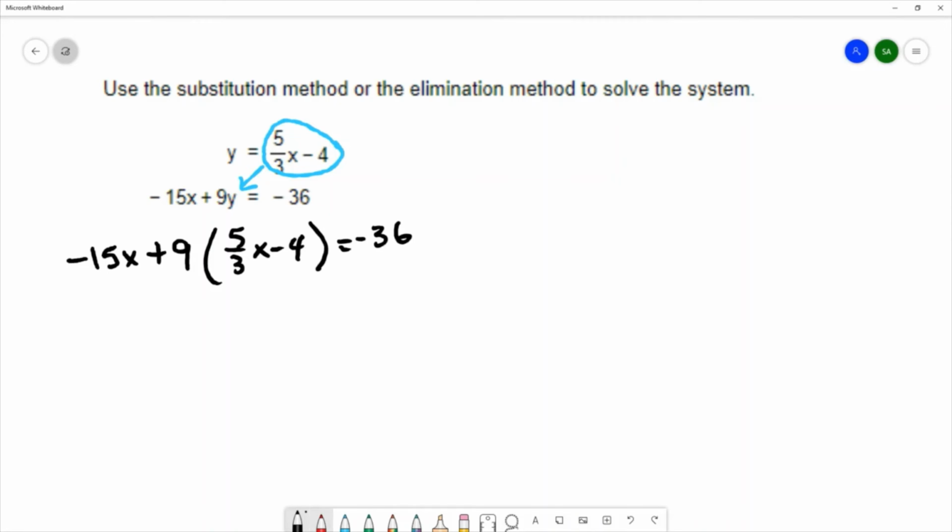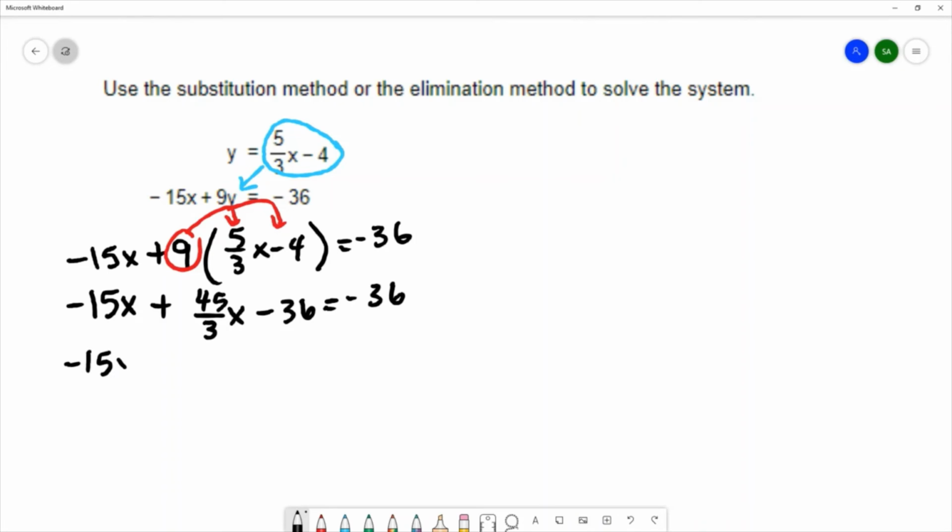I'm going to use the distributive property to distribute this 9, which will give me negative 15x plus 45 over 3x minus 36 equals negative 36. And 45 over 3 is 15, so we have 15x.